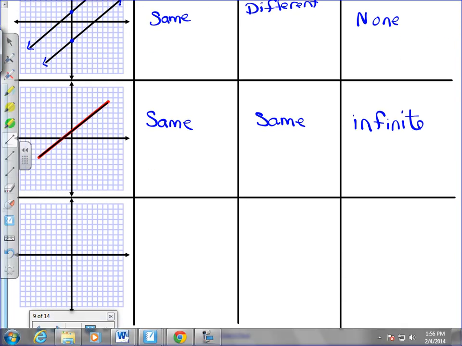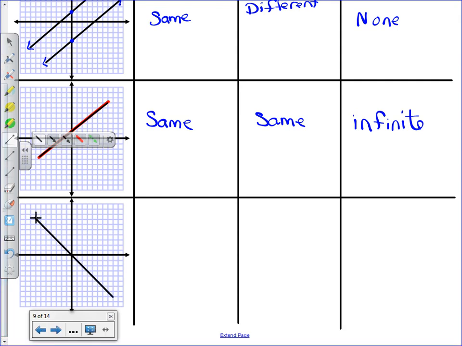Our final case, which is typically the one that we're going to see, is if we have two lines. What's true about these two lines? What could you tell me about these two slopes? Ida, are they the same or are they different? So if I have a different slope, Valeria, what's true about these y-intercepts?